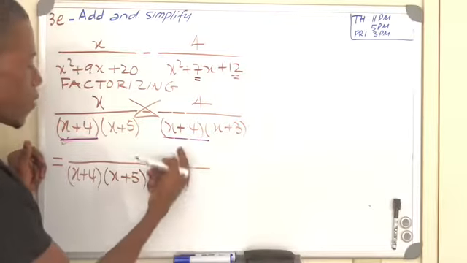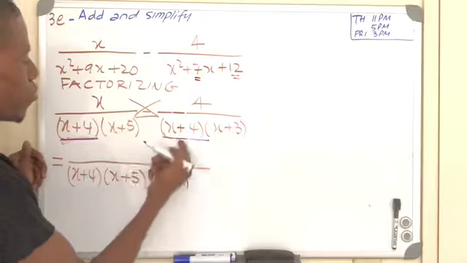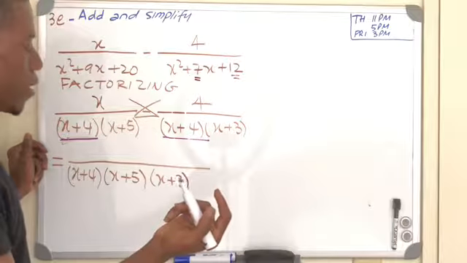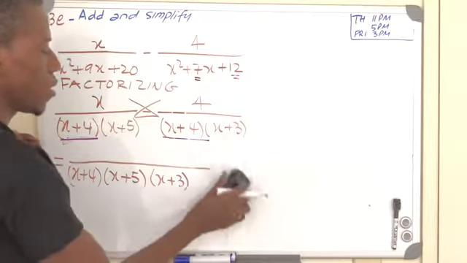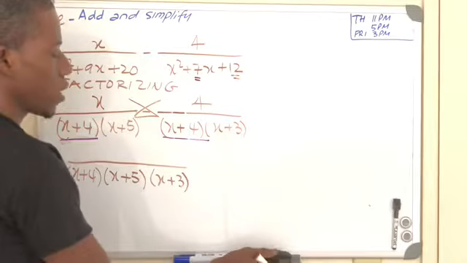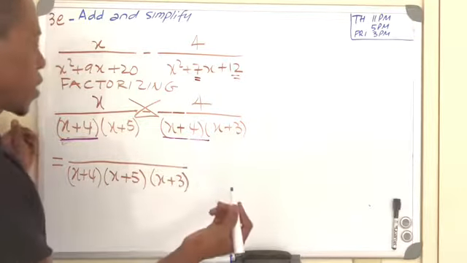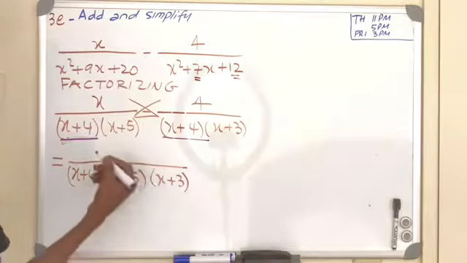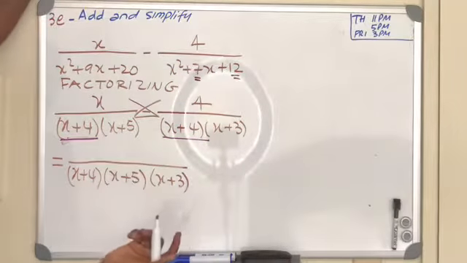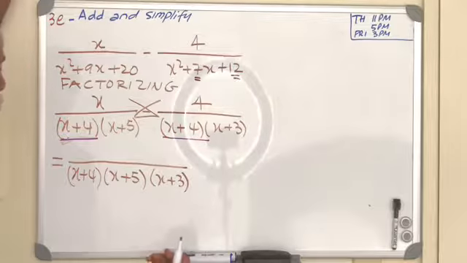I could put another x plus 4 if I wanted to write both, but that's just going to make my fraction more complicated. Later on I'm going to have to simplify. So instead of that, I just simplify at the beginning and make it a little simpler.